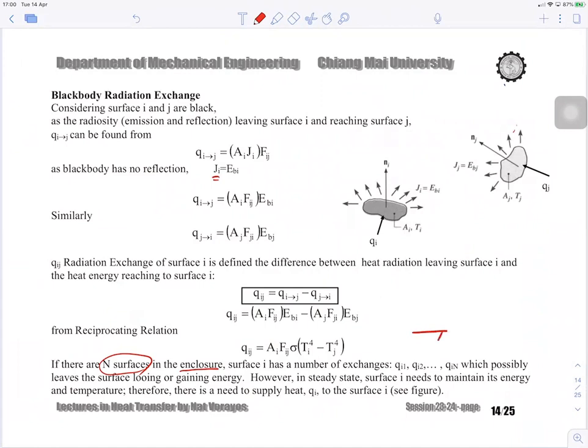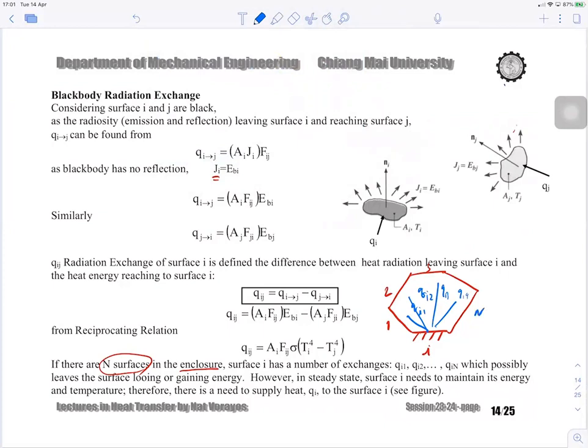If you talk about surface i, and this is surface 1, surface 2, surface 3, surface 4, surface 5, for example, and this is surface i, then you're going to have radiation exchange Qi1, Qi2, Qi3, Qi4.